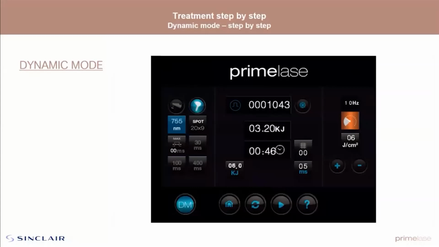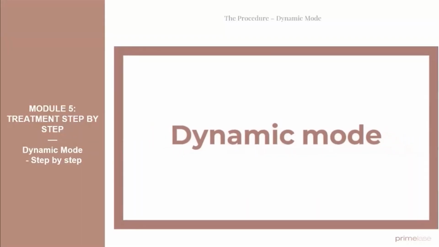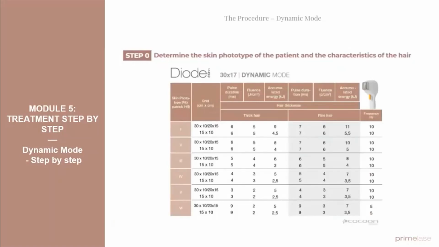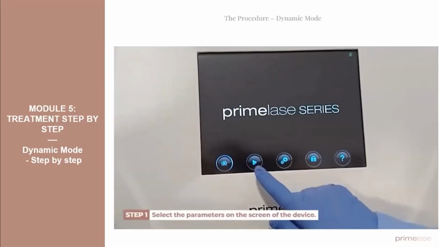Okay, now let's move to the dynamic mode. Again, we go to the table. We need to select how big the grid is that we are going to draw on the patient, and it will give us all the parameters.